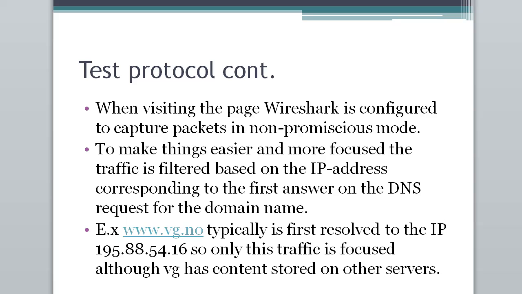So to make things a bit simpler, I've focused only on the IP address that corresponds directly with the IP address given as the answer to the DNS request. So for Vega, it is a specific address, although Vega has content spread over several other IP addresses.